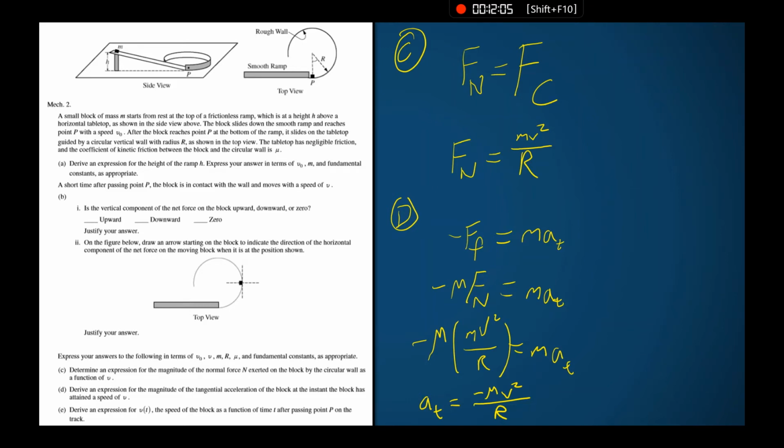Oh, I guess we didn't need that negative after all, since this is magnitude. I'm just going to take the absolute value.